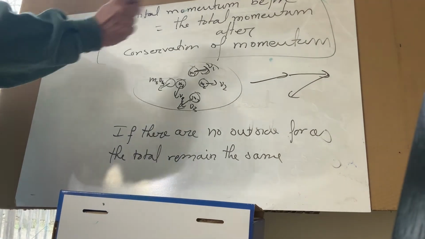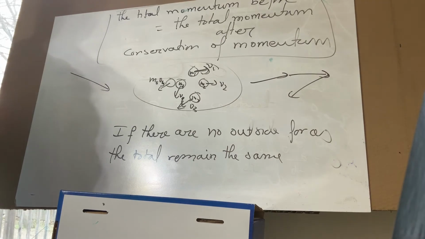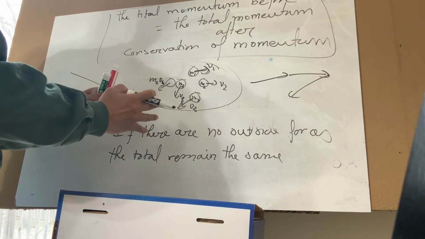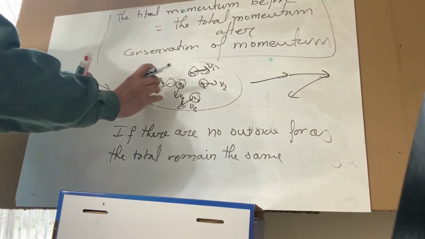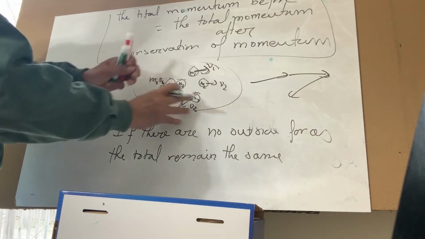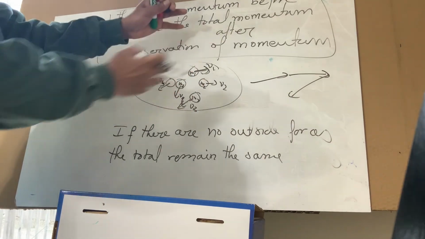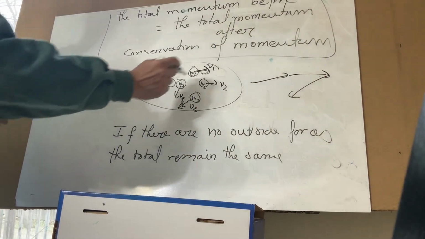So after you add all the vectors, let's say the total momentum before was pointed that way. If there are no outside forces, say a million years from now, you come and look and decide to find the total momentum. They bounce, they hit each other, right? They bounce around, and you add all the momenta.